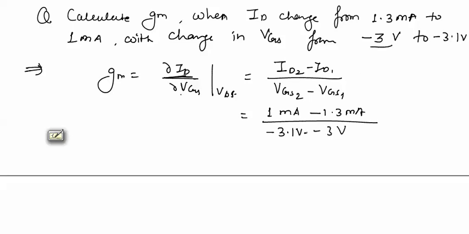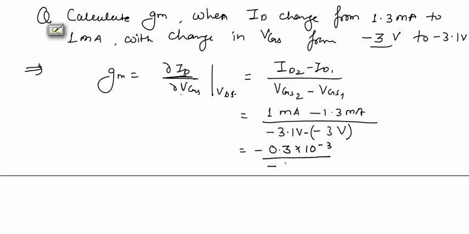So minus of minus 3 volt. It will be minus 0.3 into 10 raised to power minus 3 divided by minus 0.1 volt. This will be in ampere. It will come out to be 3 millisiemens. This will be the transconductance Gm for this JFET.